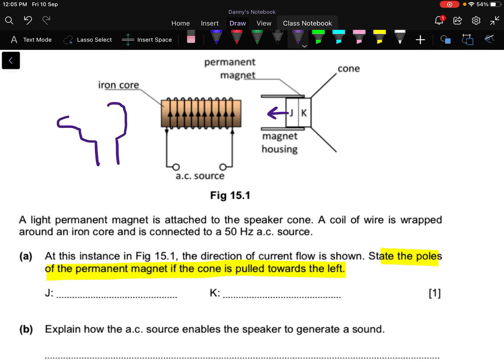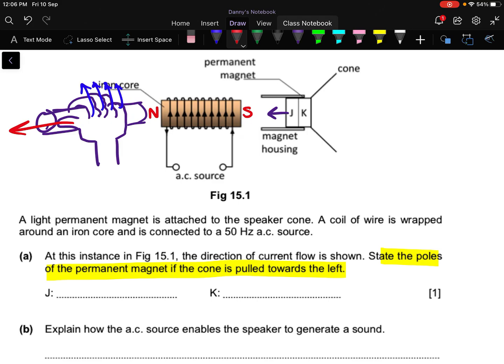So first you will need to use your right hand grip rule, and you should position your hand this way with your fingers curling. So you should be gripping onto the pole like this, so it follows the current this way, and then you will see that there will be a pole here.